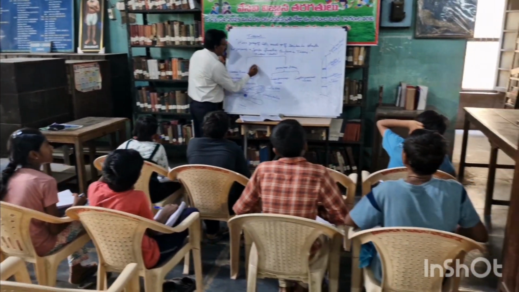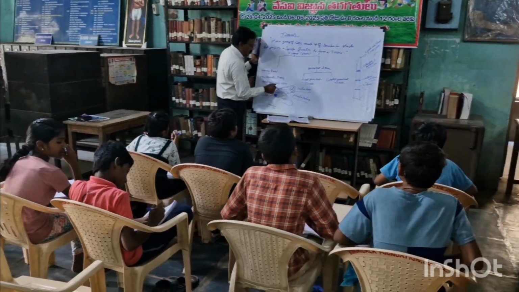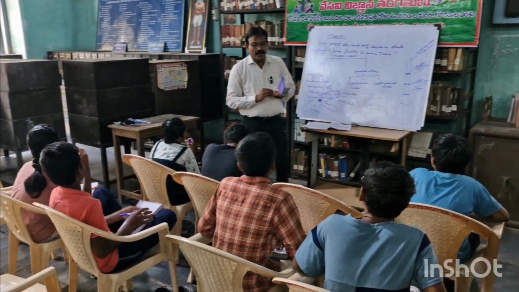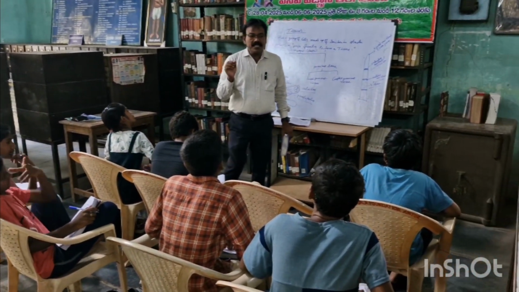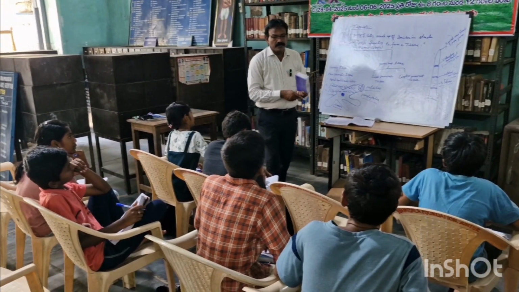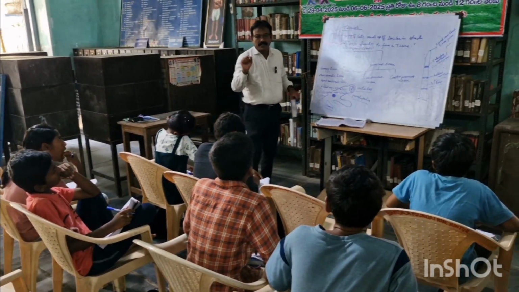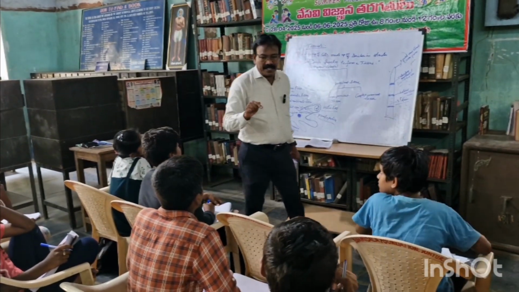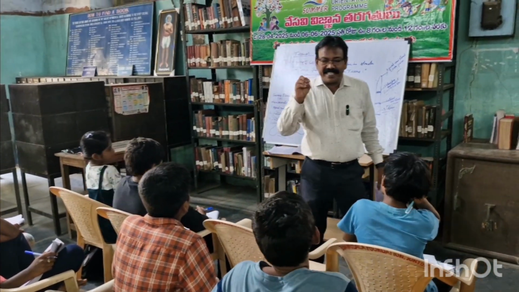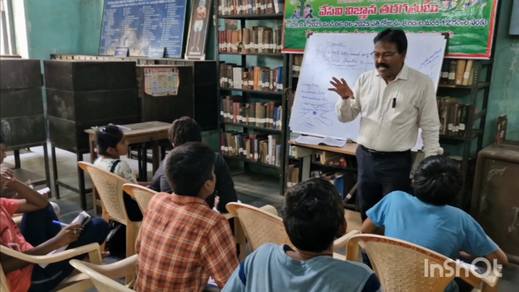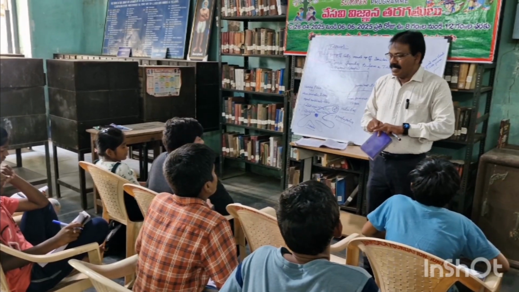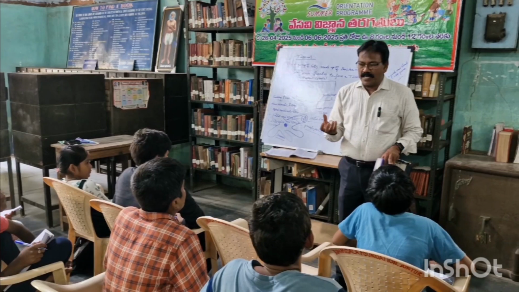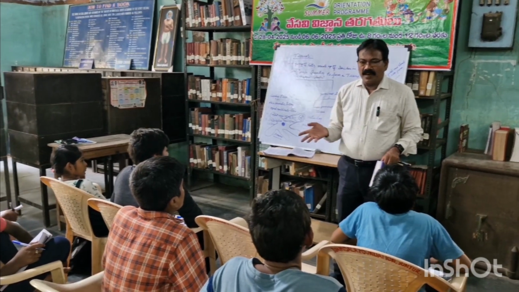See here, this meristematic tissue has cells with thin cell walls, a prominent nucleus, and the cytoplasm is very dense.